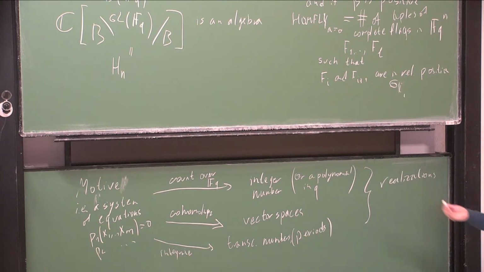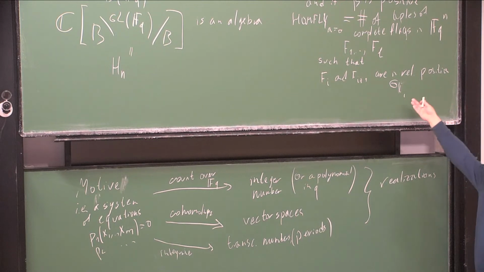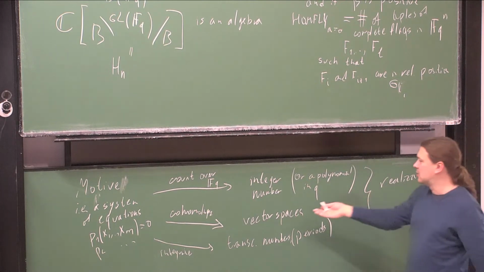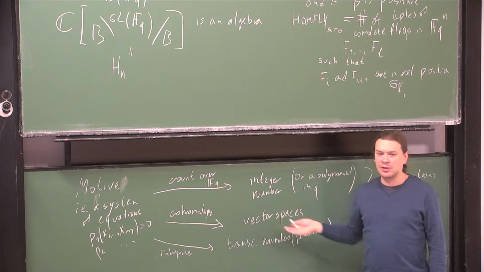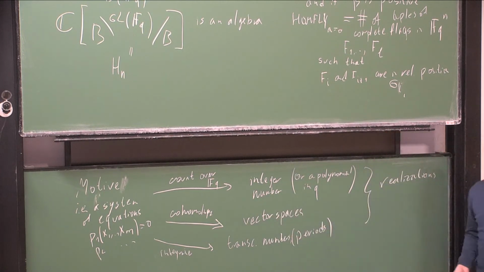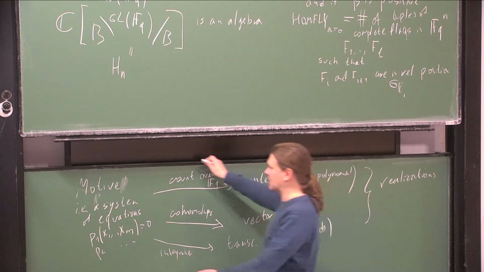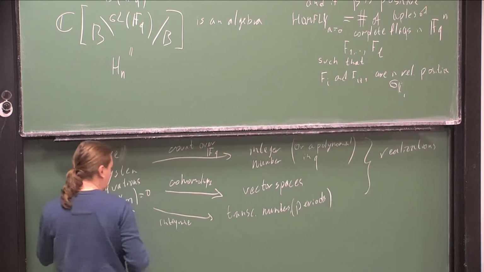And that's clearly something we should bring into this picture, because we have some numbers which are counting points on some space over a finite field, and by doing other operations to that space, we can try to get some other, hopefully interesting, invariants.